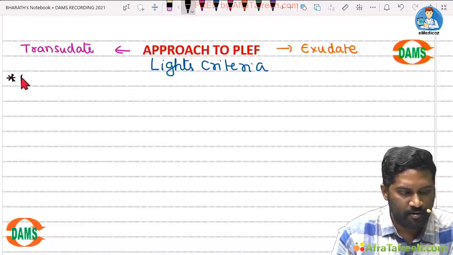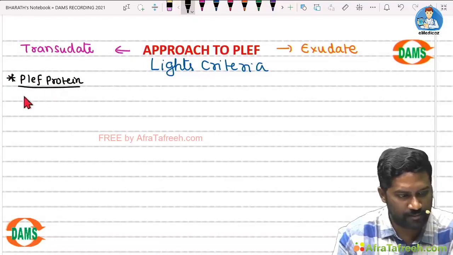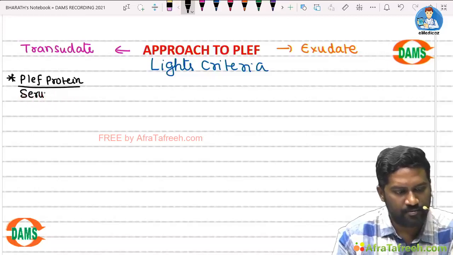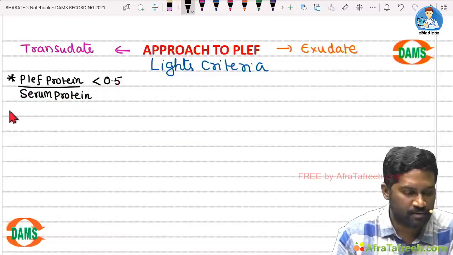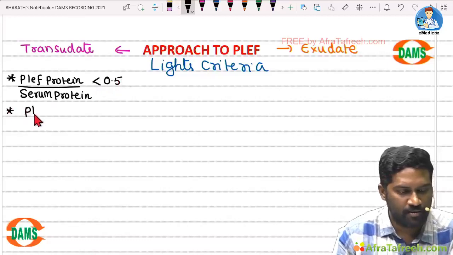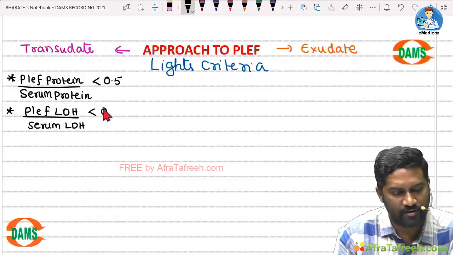When pleural effusion protein by serum protein is less than 0.5 and pleural effusion LDH by serum LDH is less than 0.6.